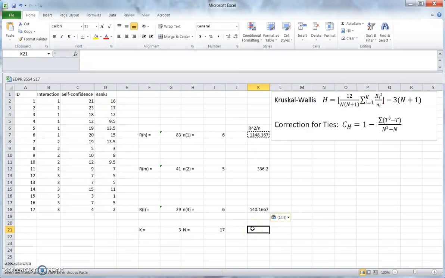Now, let's do the H statistic. H equals 12, which is a constant in the formula, divided by, in the denominator, the overall sample size times itself plus 1.